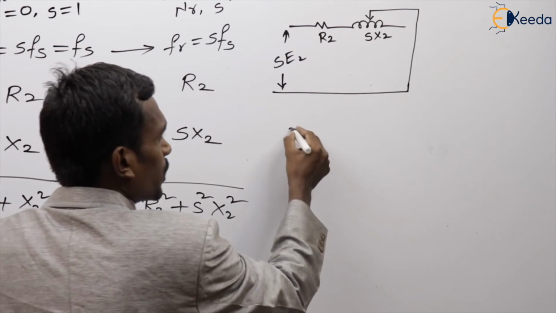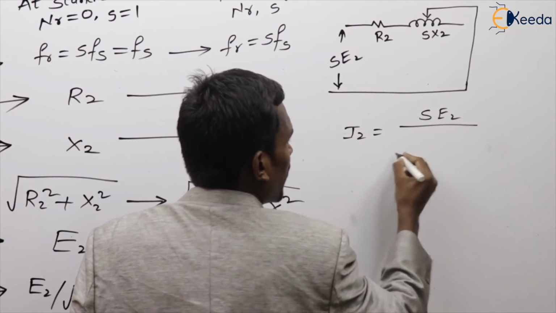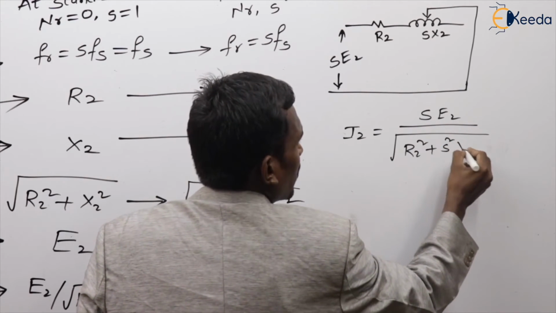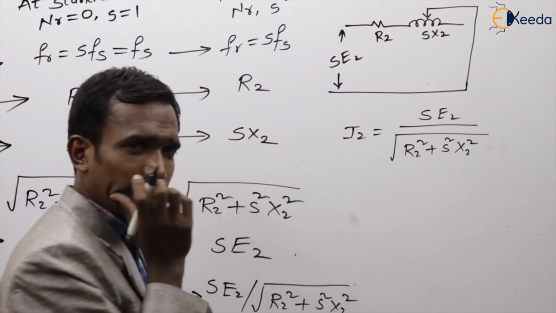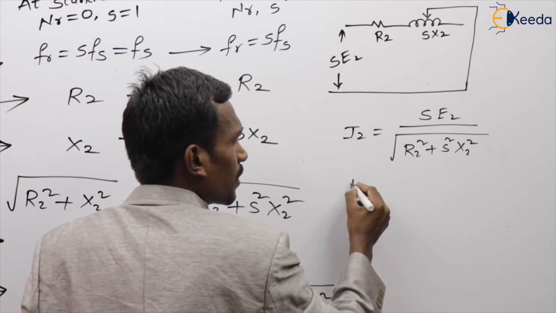For this, the current I2 is equal to S into E2 divided by the square root of R2 square plus S square X2 square. Take S common.